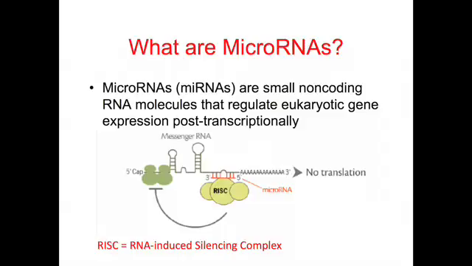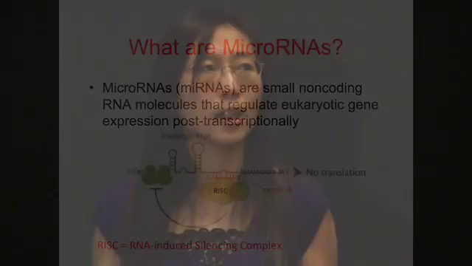And often the processed microRNAs that are functioning are only 20-some nucleotides, very short. So what they do is they form a complex with RISC. Those are proteins, and that target the untranslated region at the 3' end. It's called 3' UTR, that can inhibit translation of a protein.